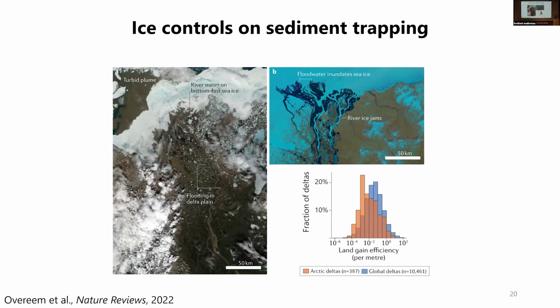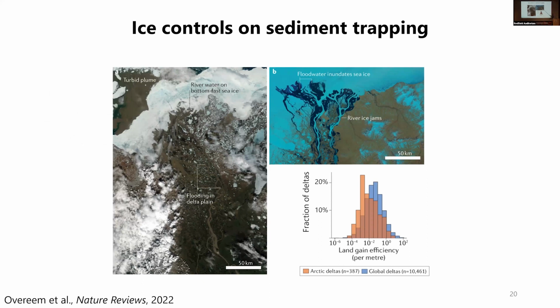This is a nice study by Irina Overeem from CU Boulder, looking into the effects of ice on delta morphology. What's very relevant for these Arctic deltas is that when they flood, oftentimes there's still a lot of river ice in the rivers in the delta, and there's also a lot of sea ice still very close to shore.